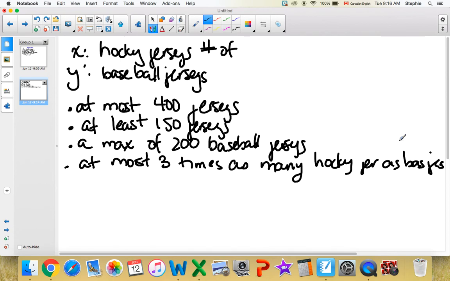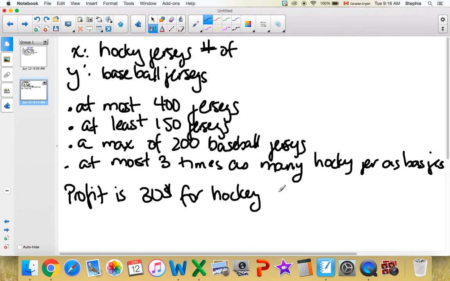All right, so the question is, they earn a profit, and what's the maximum profit they could earn if profit is $30 for hockey jerseys and $20 for baseball.